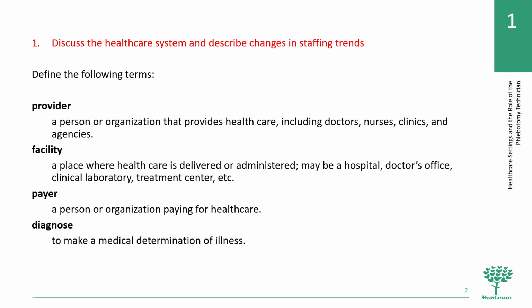Facilities are places where care is delivered or administered, including hospitals, doctors' offices, clinical laboratories, and treatment centers. Payers are people or organizations paying for the healthcare services. These include insurance companies, government programs such as Medicare and Medicaid, and individual patients or clients. Together, these people, places, and organizations make up the healthcare system.